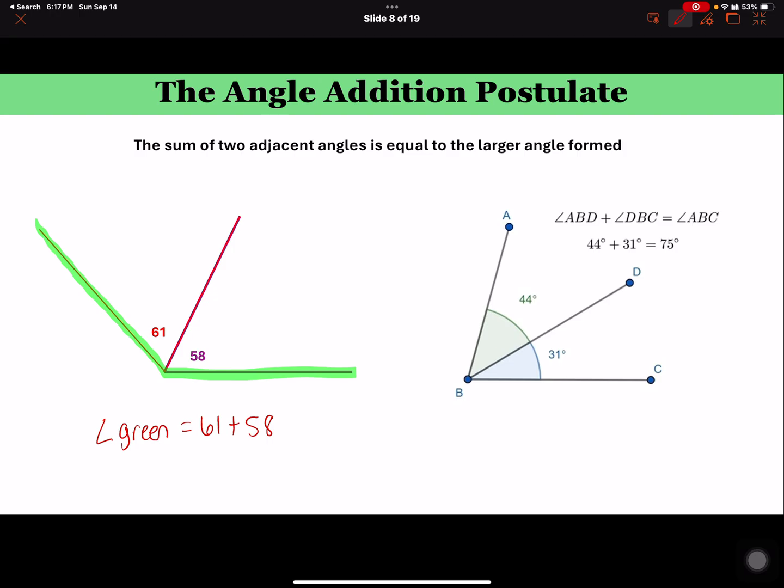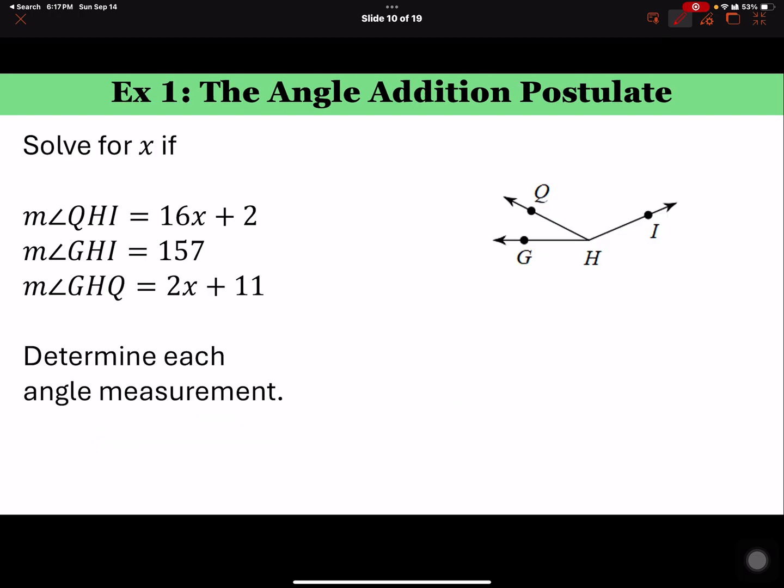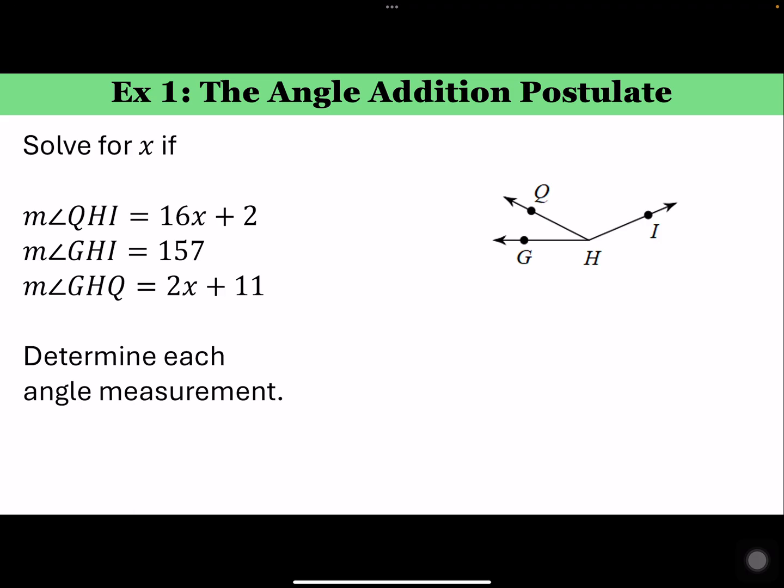Here, let's try out some examples using the angle addition postulate. Here I have my picture to the right. I have points G, H, I and Q. They want me to solve for x, and they gave me these different angle expressions, and then they told me to determine each angle measurement. The first thing I'm going to do is identify which pieces of information go with which angles.